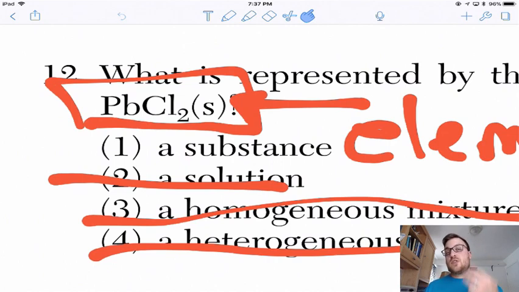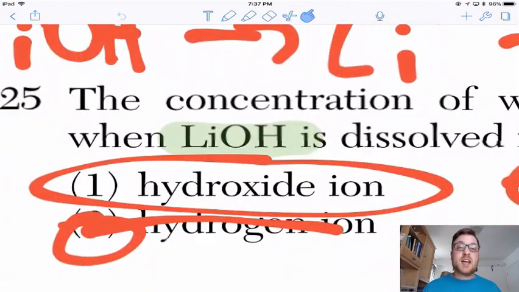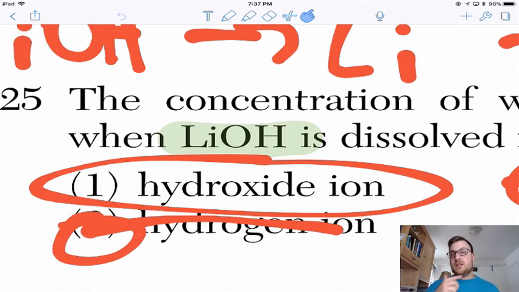I know that there's 3 total elements, but there's only 2 different types of elements, lead and chlorine. LiOH has 3 different types of elements. There's Li, there's O, and there's H. 3 different ones. Something is bound to have come from table E when you have 3 different elements in your compound's formula. So go check table E.